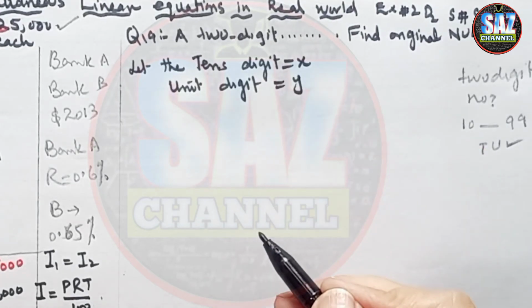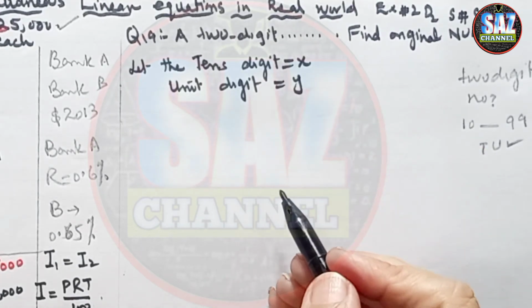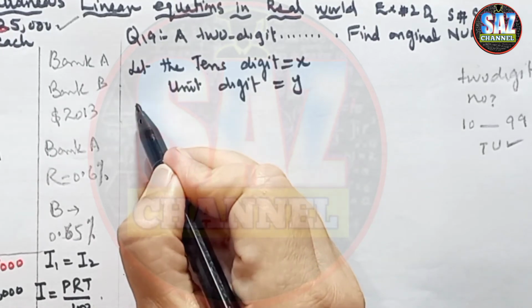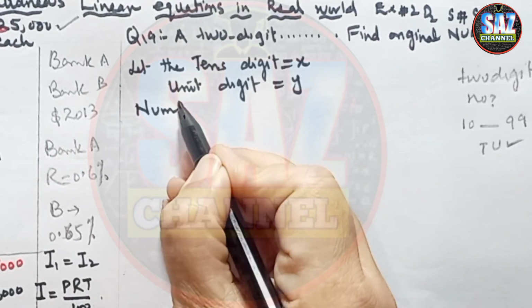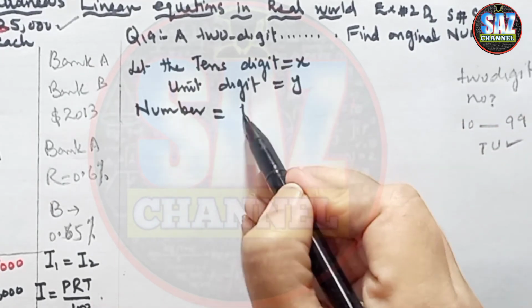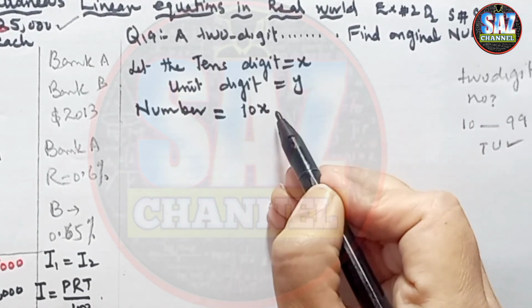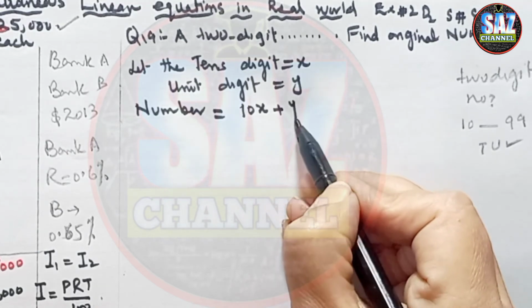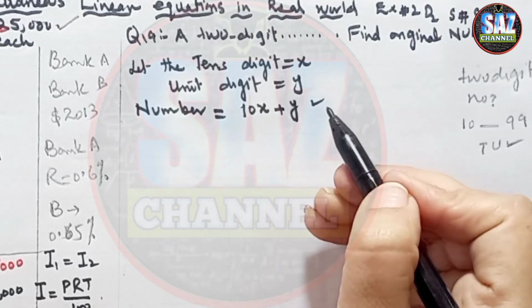If the tens digit is x and the unit digit is y, then the formation of the number will be 10x plus y, because x is the tens digit and y is the unit digit, 10x plus y.